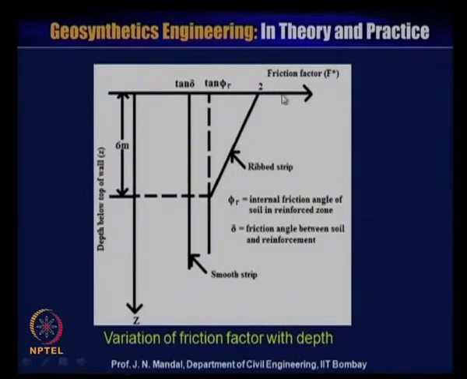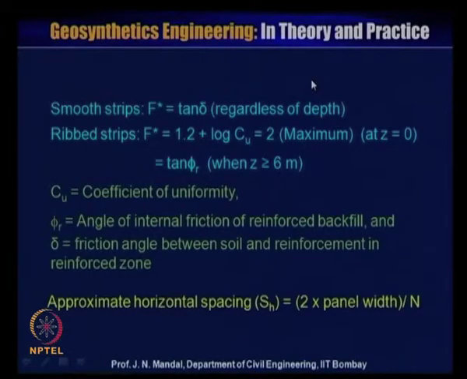This is the friction factor, denoted as F star. This friction factor value depends upon the type of the reinforcing element. If it is a smooth strip, F star is equal to tan delta regardless of depth, and if it is a rib strip, F star will be equal to 1.2 plus log of Cu, or 2 as the maximum value.